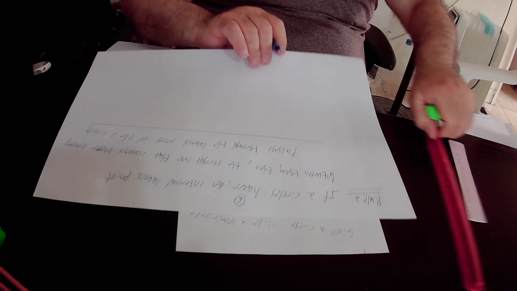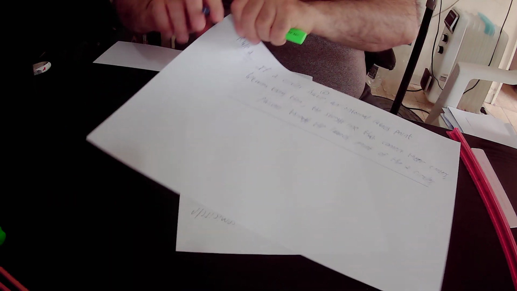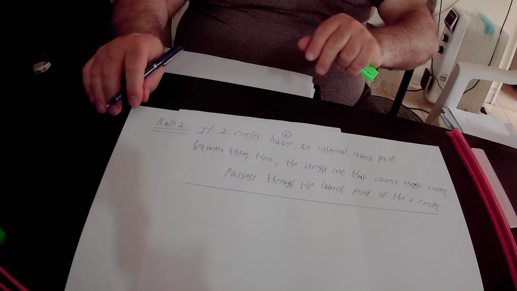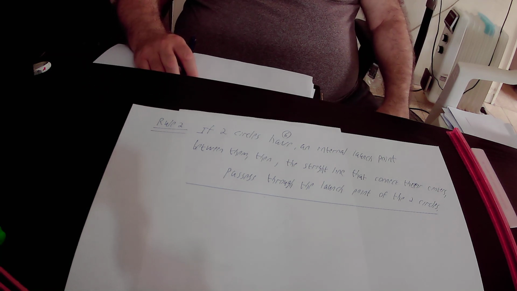So I'll write rule number 2 again. According to rule number 2, if two circles have an internal launch point between them, then the straight line that connects their centers passes through the launch point of the two circles.